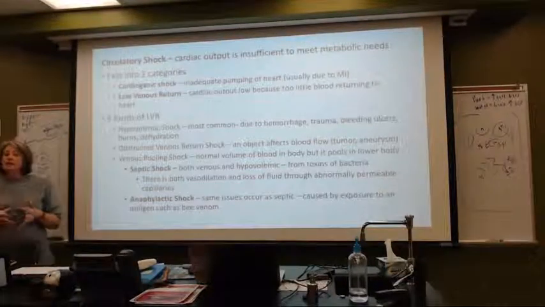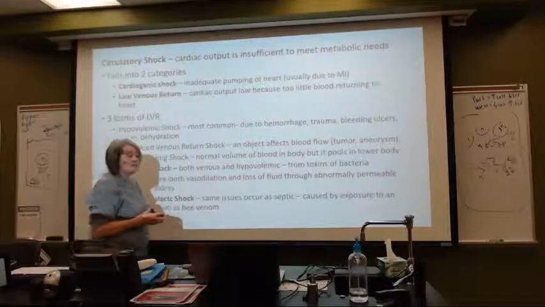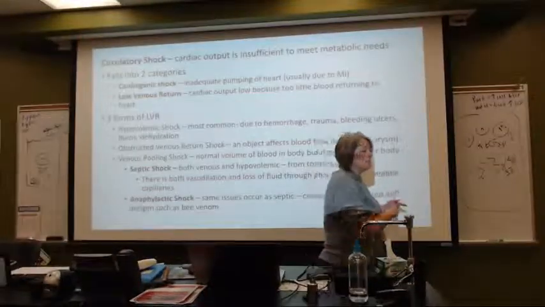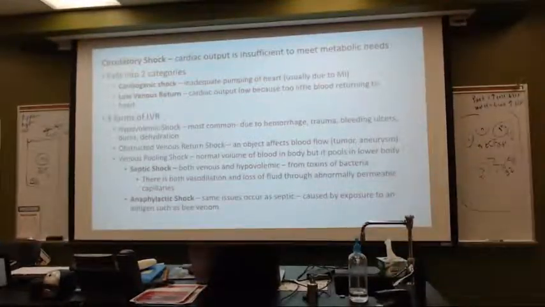Any time that blood cannot meet the demands of the body, meaning cardiac output, that beating of the heart, if there's not enough blood getting pushed out, it's now insufficient. We are not meeting metabolic needs.